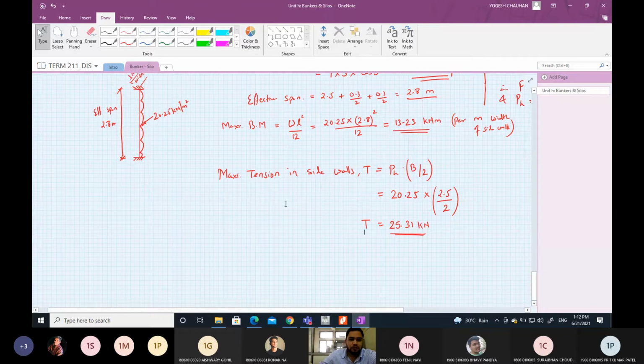Now because of this tension, let us draw the wall section.